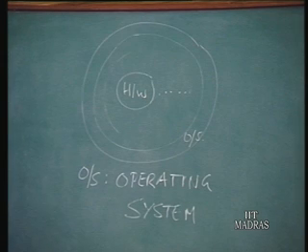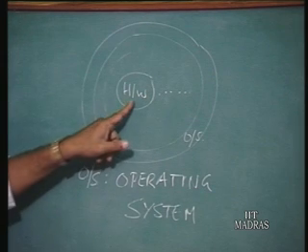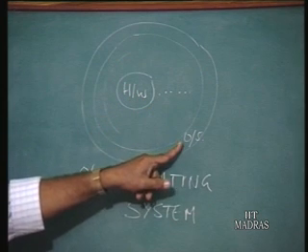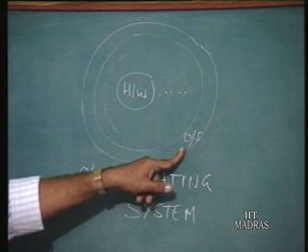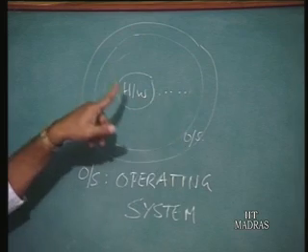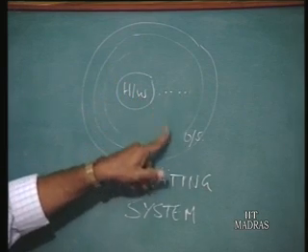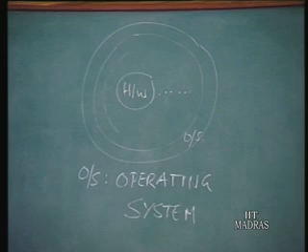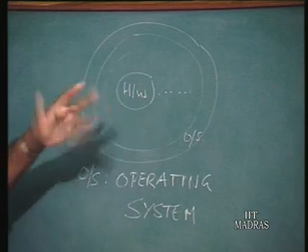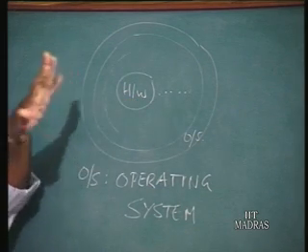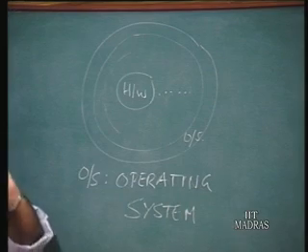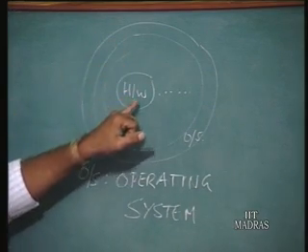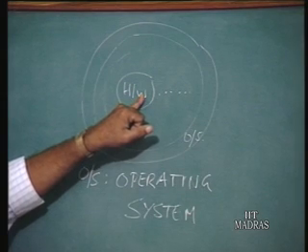Now, you can have some hardware and you can have different layers of software and come up with one operating system, and with the same hardware and a different set of layers of software you can have another operating system. For instance, let us say we have an Intel 486 based system or a Pentium system. So, that is just the hardware part of it.